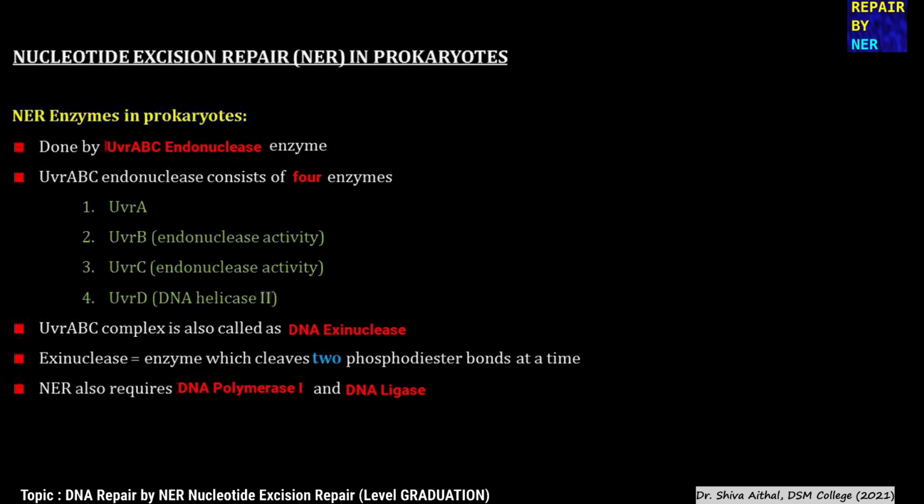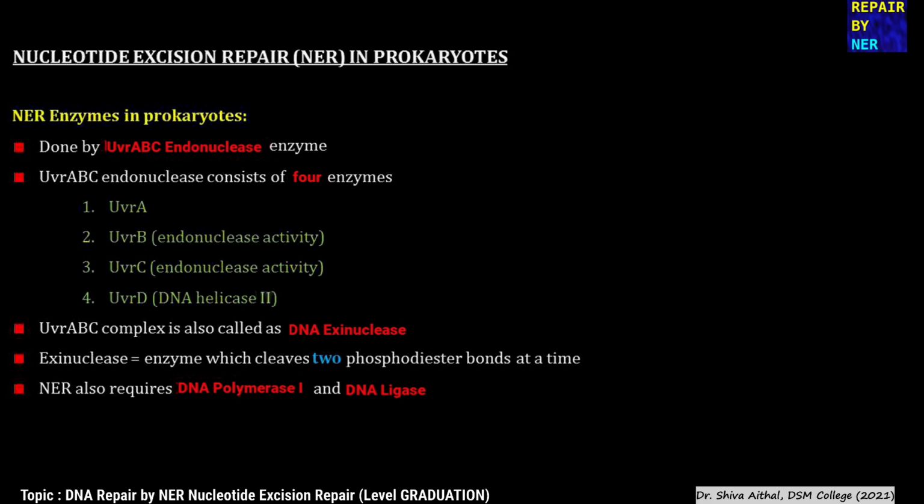These are the same functions which you have seen in DNA replication. So the UvrABC complex, also called the DNA excinuclease complex, as you saw in the beginning of the animation, has the capacity to cleave 2 phosphodiester bonds at the same time.